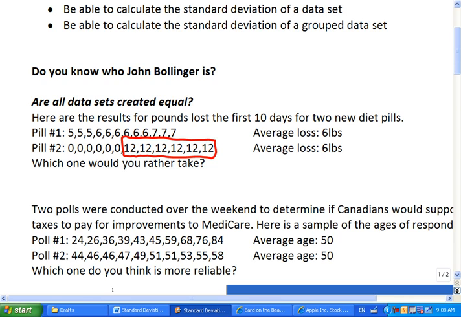Or that these people here forgot to take it, or something went wrong. But regardless, if your goal was to take the diet pill, you'd want one with a small standard deviation because then it's likely to work for you as well.